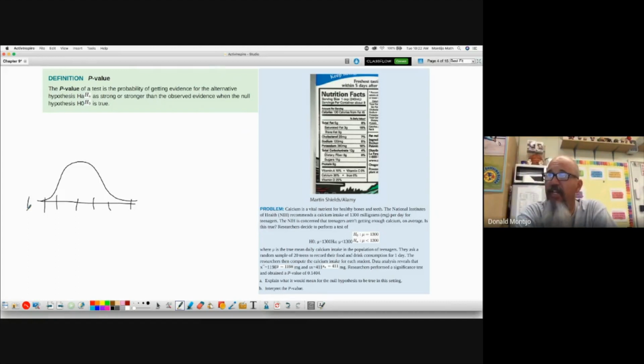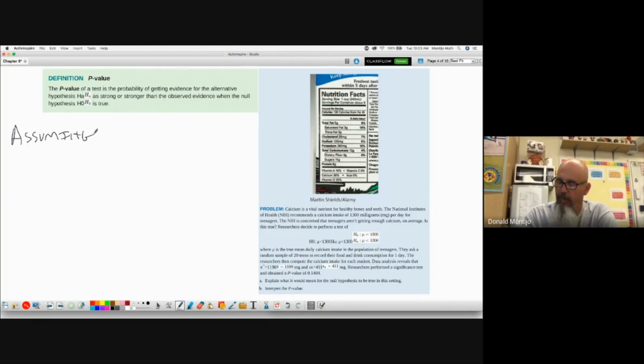And the book's definition of a p-value: the p-value of a test is the probability of getting evidence for the alternative, HA, as strong or stronger than the observed evidence when the null hypothesis is true. So think about the p-value as assuming the null is true.